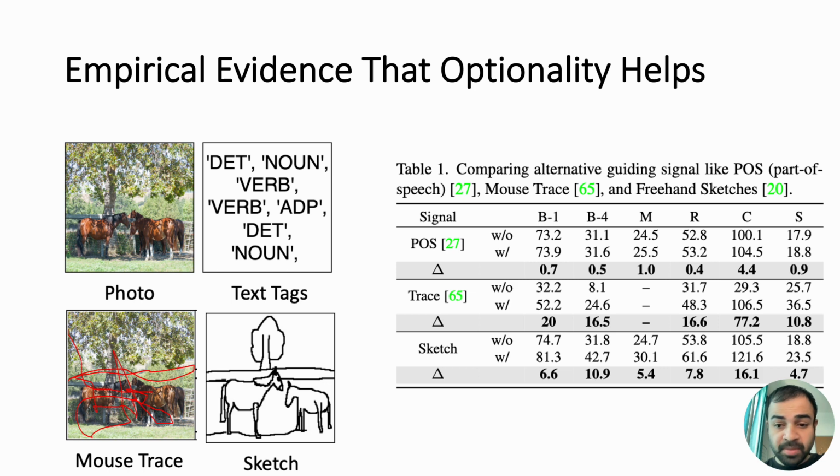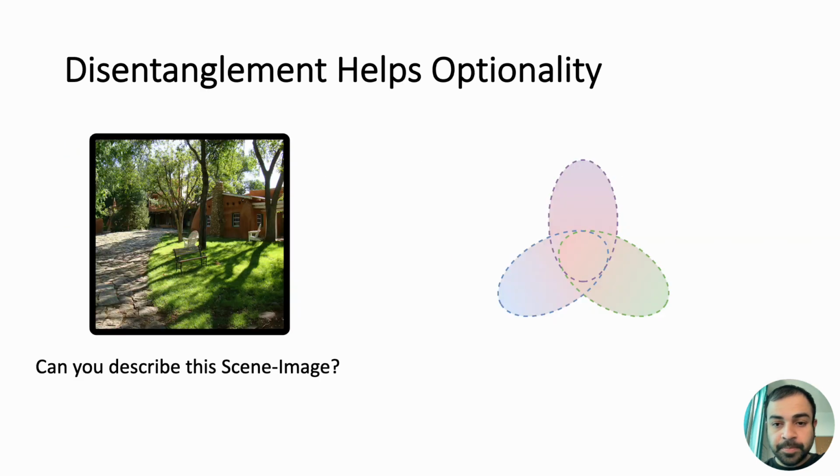You see, the point we want to emphasize here is not that sketch is always the best, but in the bigger picture, different modalities are useful at different times, and a user should always have this option to seamlessly move from one modality to another, or better, use a combination of the possible input modalities.